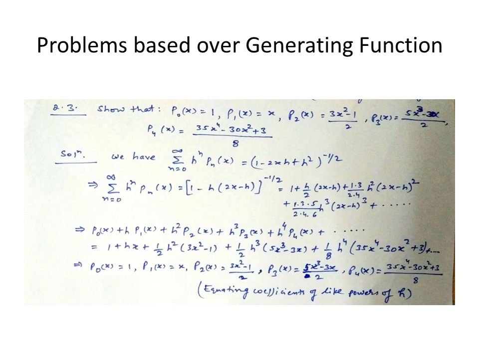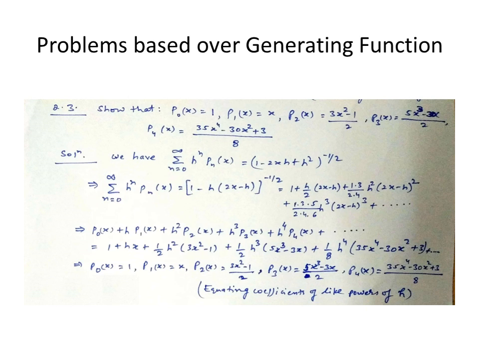We can expand it binomially in infinite terms, which is written as 1 plus (h/2)(2x minus h), plus (1·3)/(2·4) multiplied with h square (2x minus h) whole square, plus (1·3·5)/(2·4·6) h cube (2x minus h) whole cube plus up to infinity.